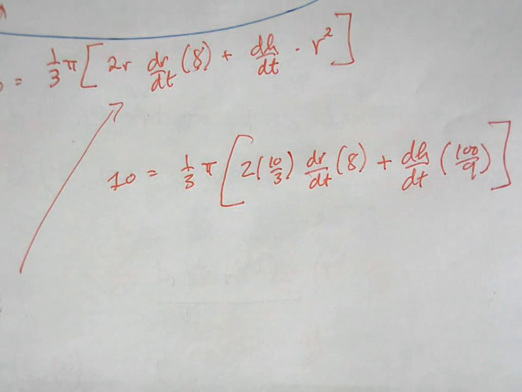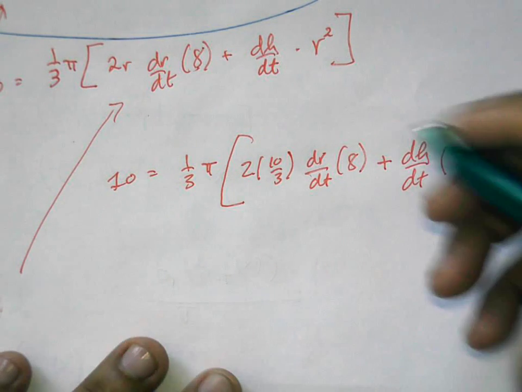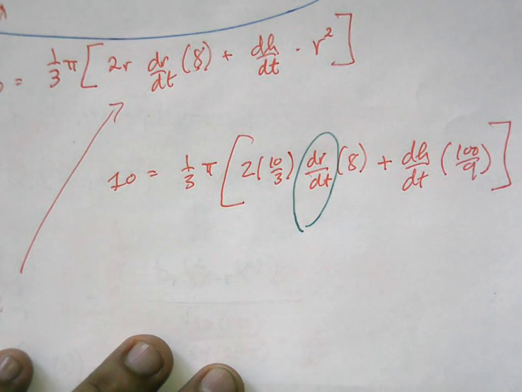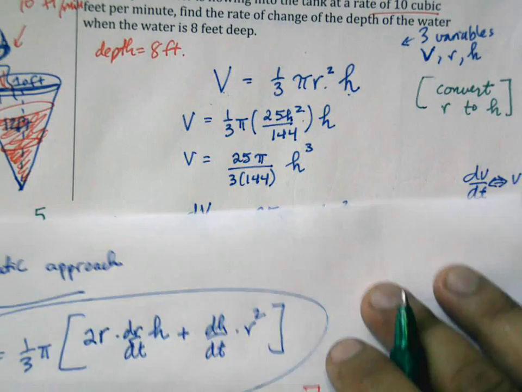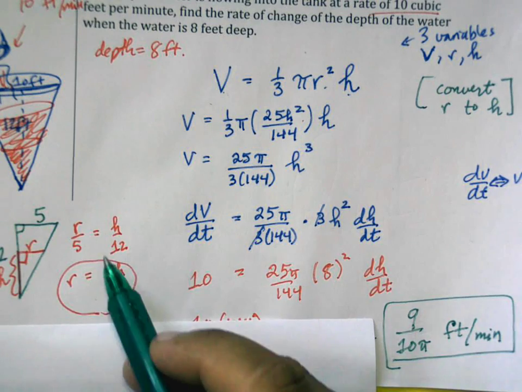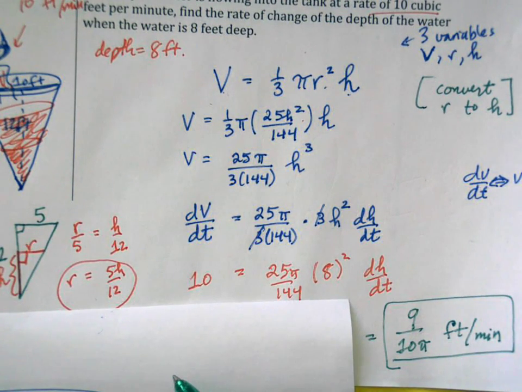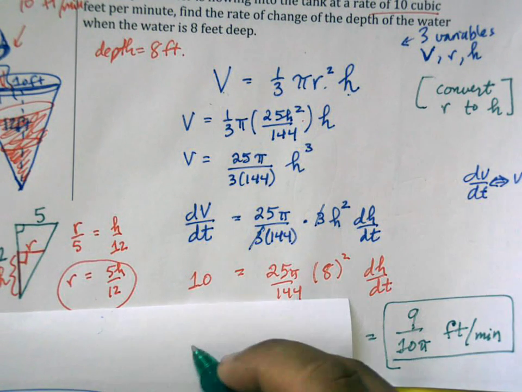Okay, and now we still end up with this problem, dr over dt. How are we going to solve for that? Well, we can go back to this equation right here. r equals 5h over 12.